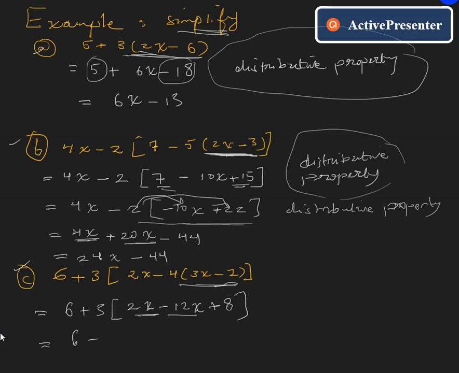This is equal to 6 plus 3 minus 10x plus 8. So use the distributive property as well. So this is equal to 6 minus 30x plus 24. So 24 plus 6 is 30. So this is equal to minus 30x plus 30.